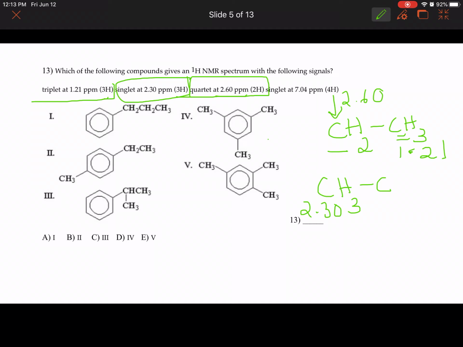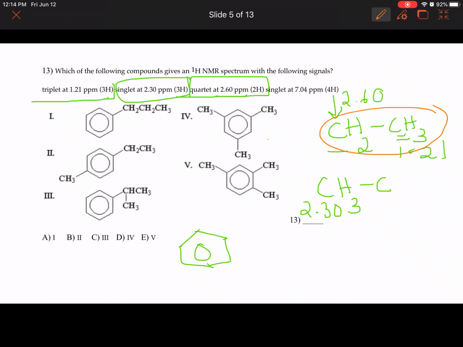And then you also have a signal at 7.04 ppm, there are 4 hydrogens. Meaning around 7 ppm we get benzene hydrogens. So you can know that it's going to be a benzene ring. There are 4 hydrogens. They all are at 7 ppm. Now we know our molecule has a piece similar to this.